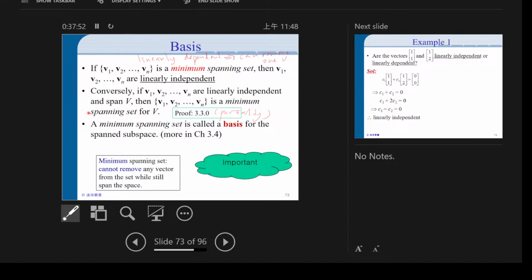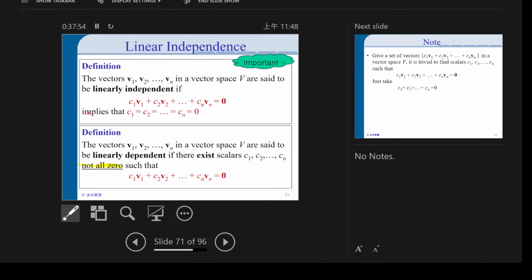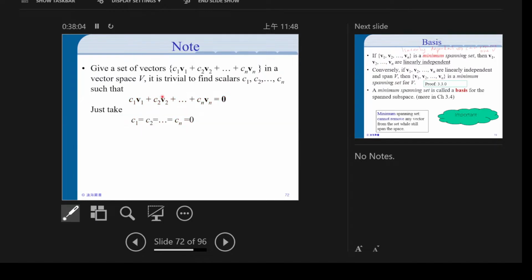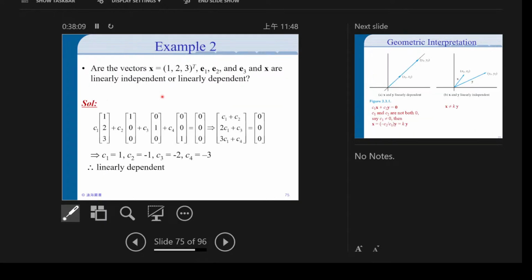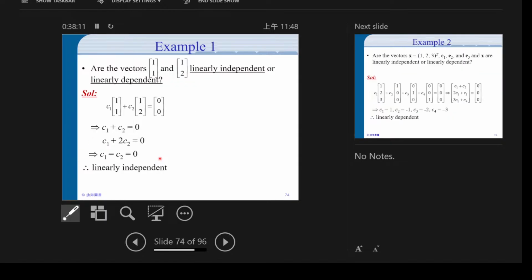But the thing we want to talk more about is this idea of linear independent. Okay, so here is the definition of linear independent, and I want to show a bit of intuition for it. We have some examples. We have two vectors, 1, 1 and 1, 2, which are linear independent because for any C1, C2, setting the combination equal to 0 forces both to be 0.